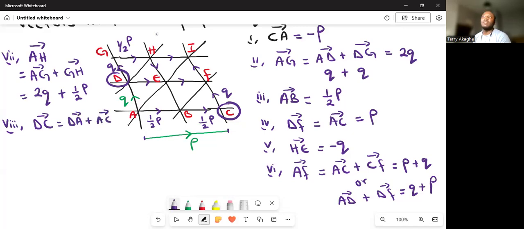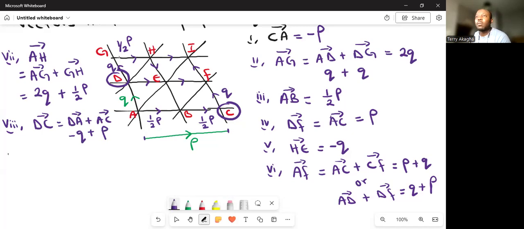To C. Are you seeing it? So I can go from D to A and A to C. Now D to A, because I'm going in the opposite direction of A to D, and A to D is Q, D to A is going to be minus what? Minus Q, plus AC, which is going to be what? P. So it's going to be minus Q plus P.